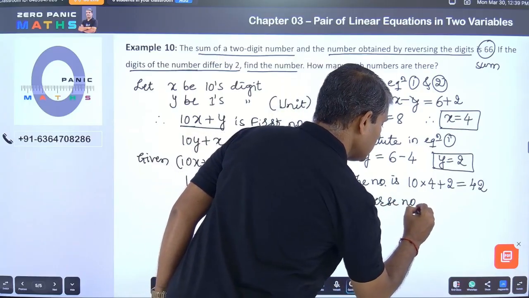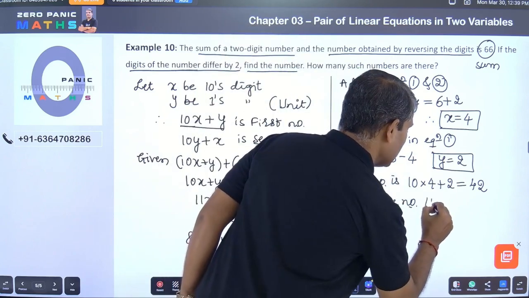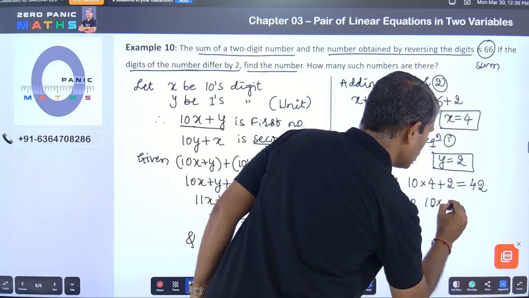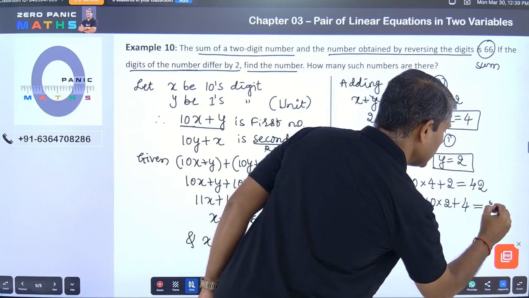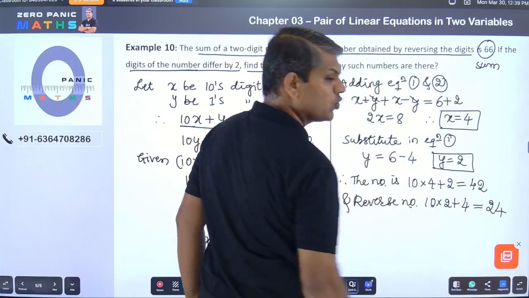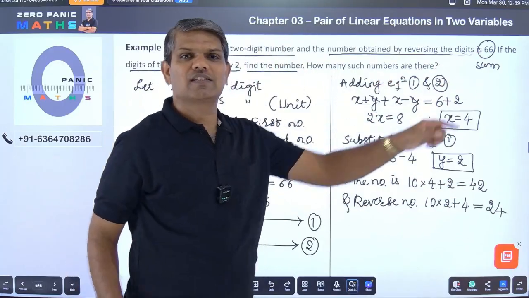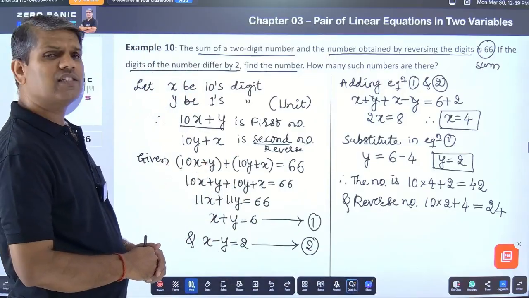The reverse number is 10y plus x, that is 10 into 2 plus 4, that is 24. You see that 42, if you reverse it, will become 24, and if you add both 42 and 24 you will get 66. That is the solution for this problem.